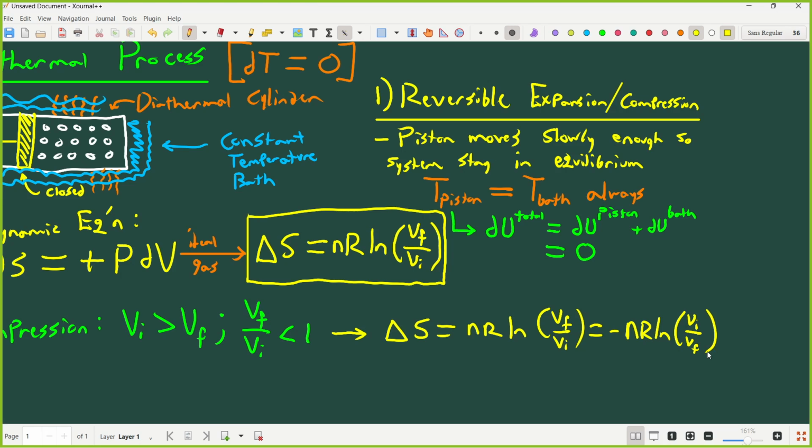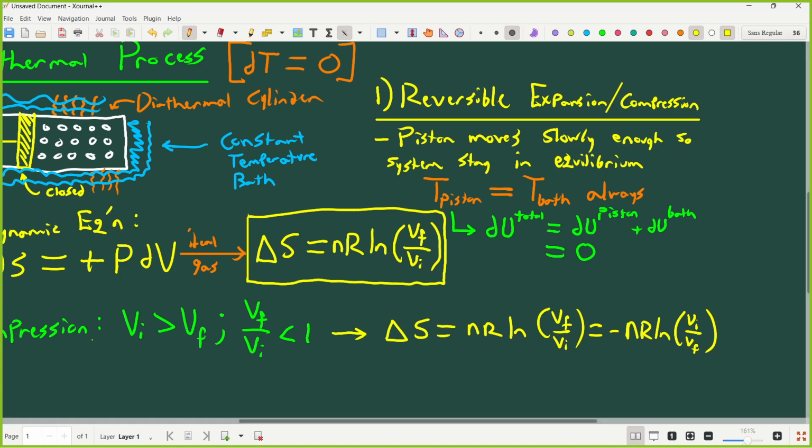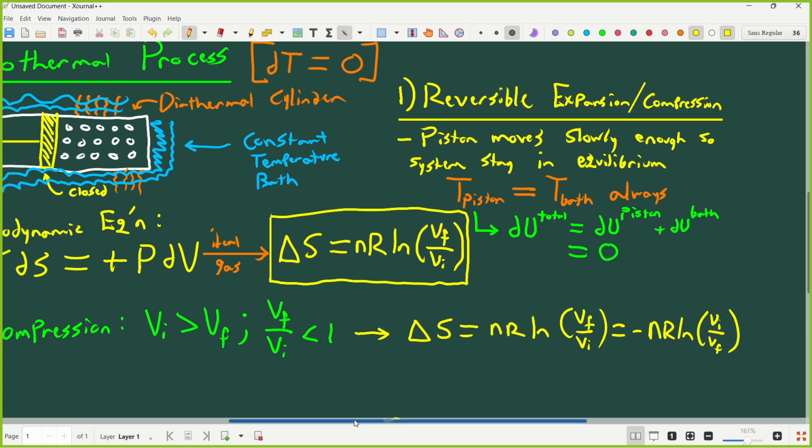So now I have a positive ratio, VI over VF is greater than 1, because the initial volume is bigger than the final volume. nR is positive. n is a number of moles, for instance, and R is 8.314. And then you have a log of a positive number. So this whole thing is positive, but there's a negative sign. So for compression, what that means is that the entropy change is negative.